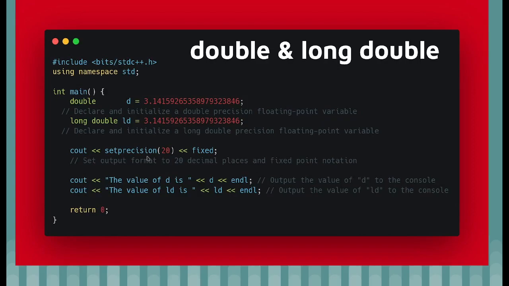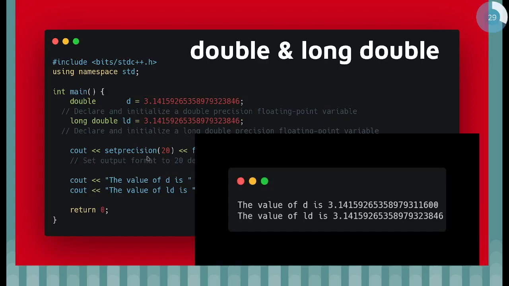You can fix the number of digits that you want printed. Sometimes in problems it's useful, but usually 10 is enough. After that I printed the values of D and LD, and we can compare them, and we will see that after some digits the double value loses the other digits, but long double doesn't, because long double is more precise.